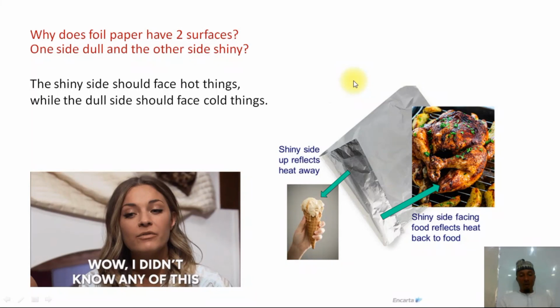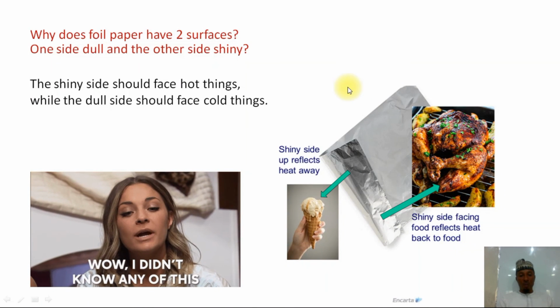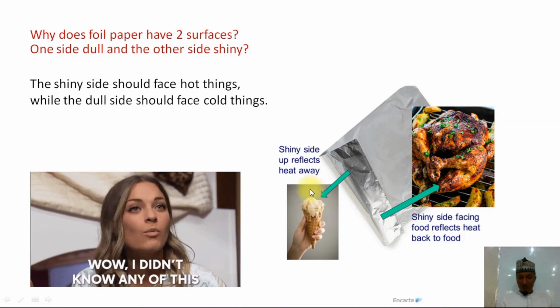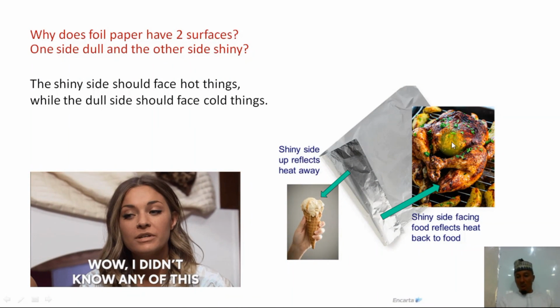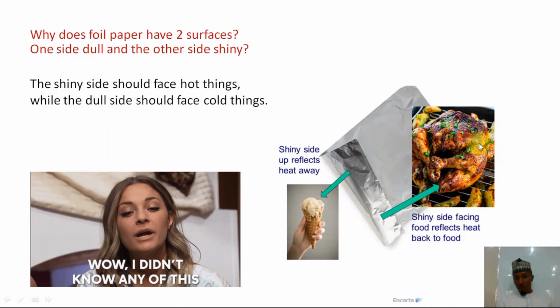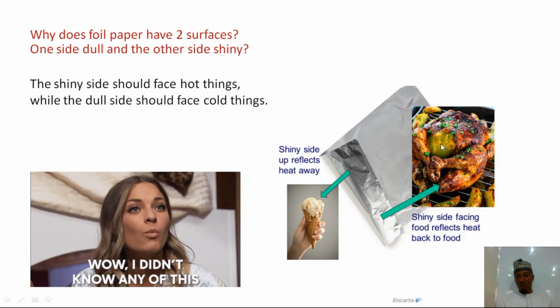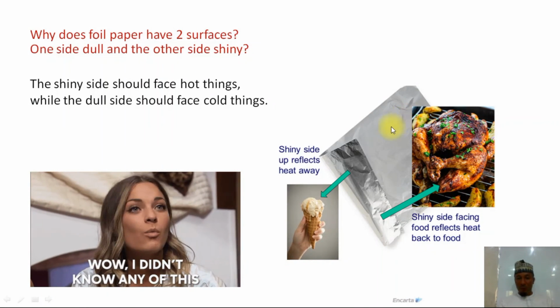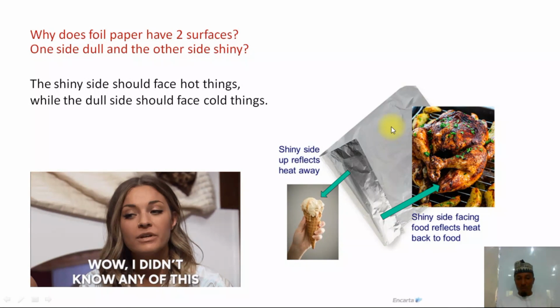Now considering this fact, which area of the foil will you use to cover your ice cream or your roasted chicken? You want to keep your roasted chicken warm. Which of the areas do you think would be suitable to cover it?